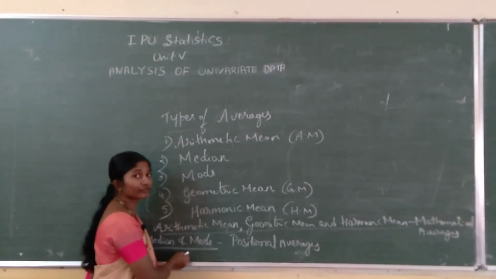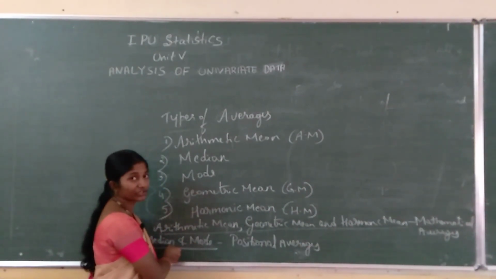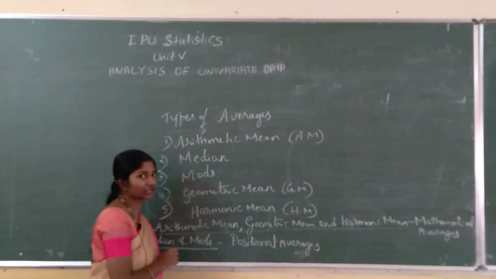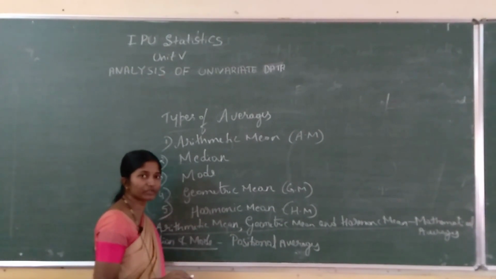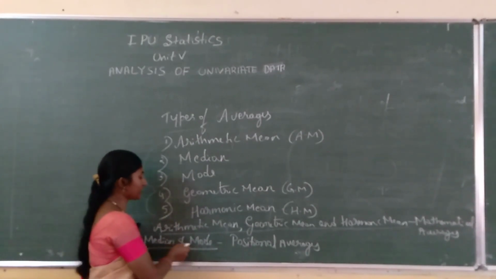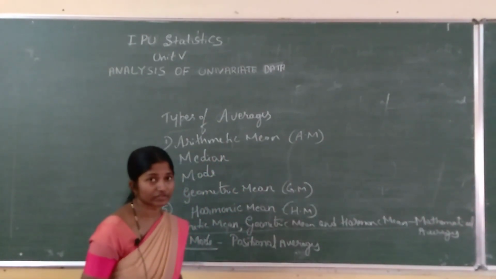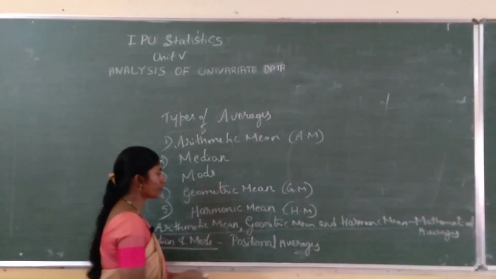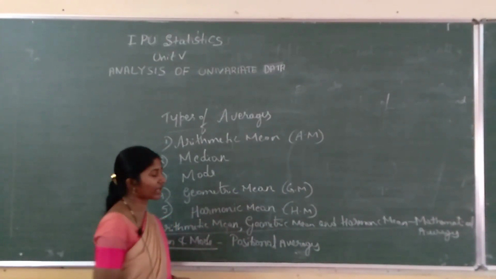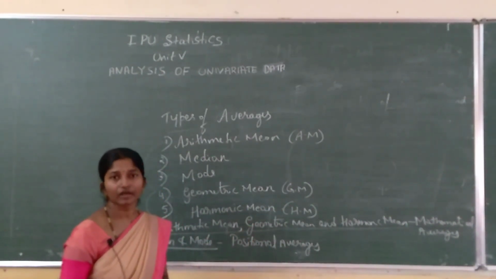That means if one of the values is missing in the first or in the last class, then also we can calculate median and mode. But for arithmetic mean, geometric mean and harmonic mean, all the values are taken for the calculation. Therefore, if one of the values is missing, that is for an open end distribution, we cannot calculate. Okay. That is the mathematical averages, and this one is the positional averages.